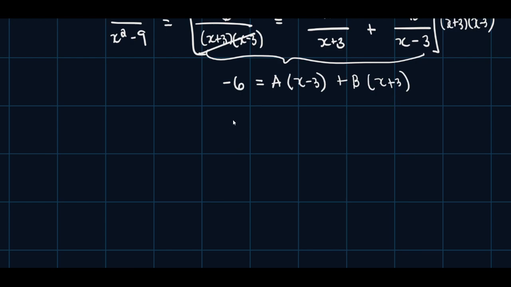Okay, notice that this is an equation. So, dapat mag-agree yung left-hand side sa right-hand side. Okay? Now, if we simplify, or if we expand, we have here negative 6 is equal to ax minus 3a plus bx plus 3b.